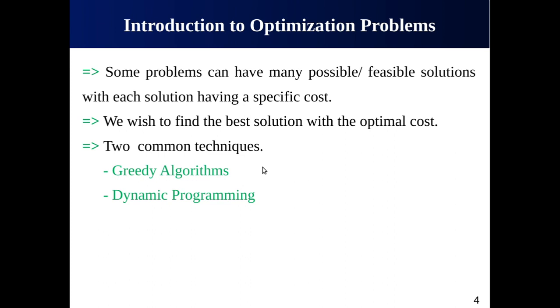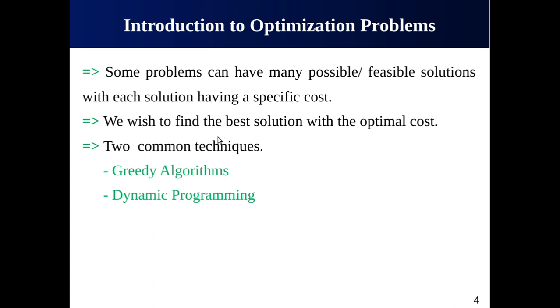So you can say that a set of choices must be made in order to arrive at an optimal solution. The optimal solution in some cases could be the minimum possible value, or in other cases the maximum possible value of a problem subject to some constraints. For optimization problems, we have two common techniques available.